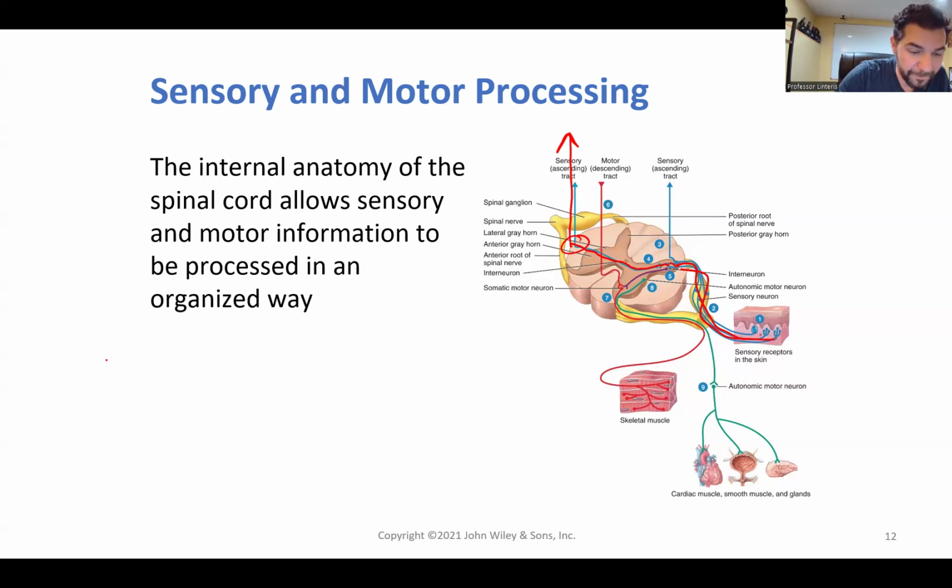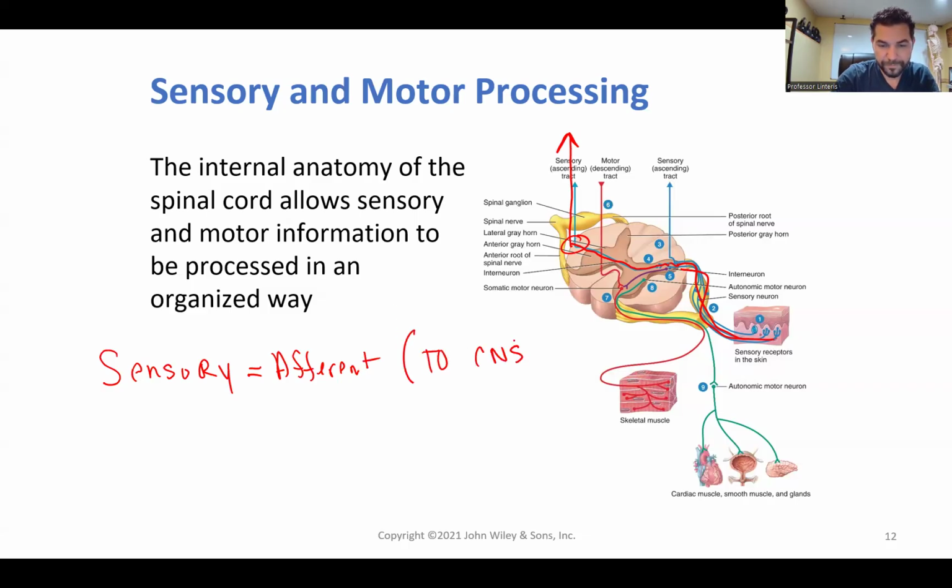So real quick, sensory, and I think I have a slide that shows this as well. Afferent to the CNS. Sensory messages are going into the spinal cord. They're going up to the brain.